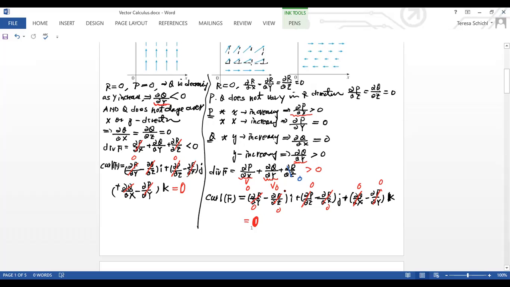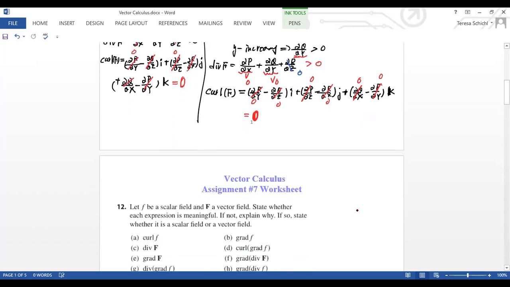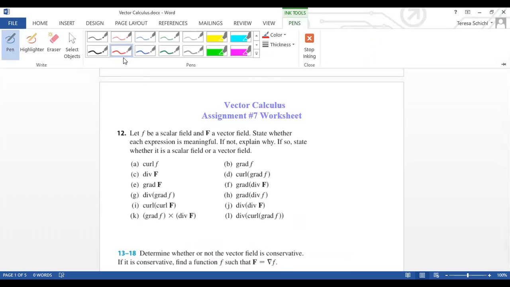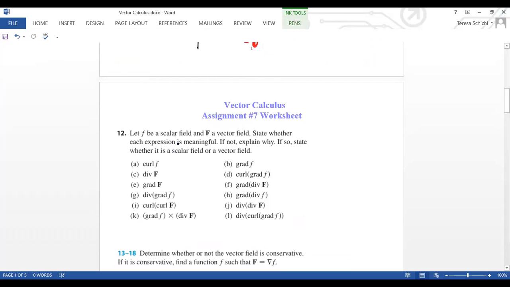Okay, so now let's take a look at number 12. This is a concept type of problem, and I think it's a pretty good problem. They said to see first whether each expression is meaningful or not. If it's not, explain why. And also say whether it is a vector field or a scalar field.